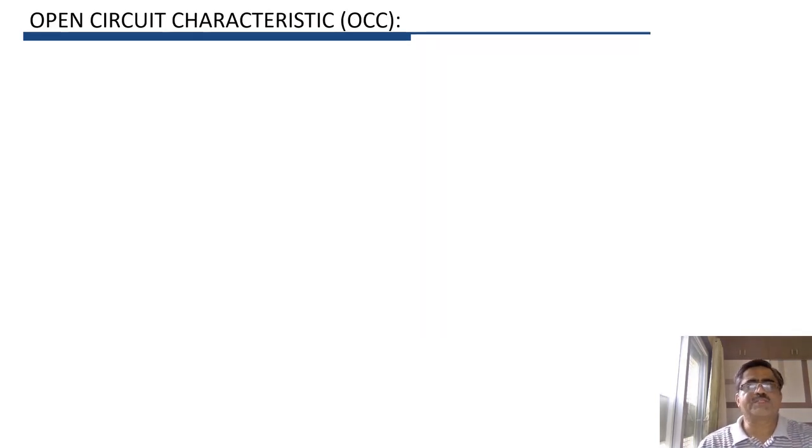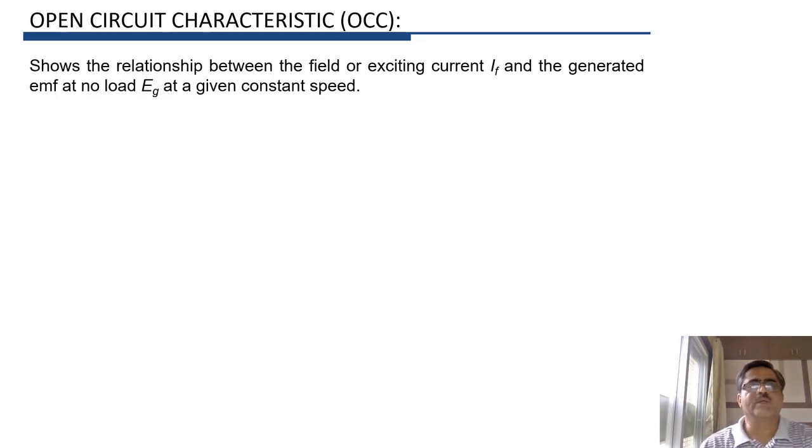Now the first characteristic is open circuit characteristic, OCC. This characteristic shows the relationship between the field or exciting current, that is IF, and generated EMF at no load, that is EG, at a given constant speed.